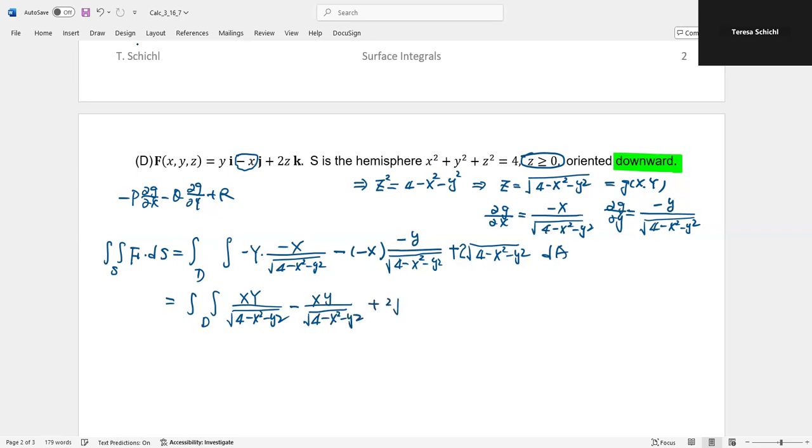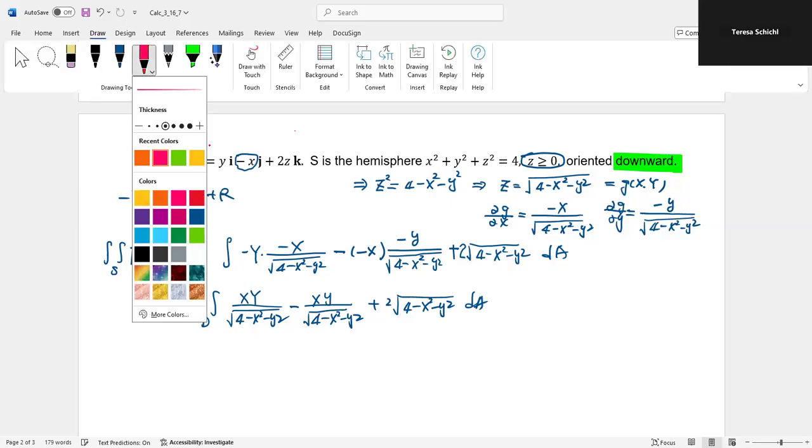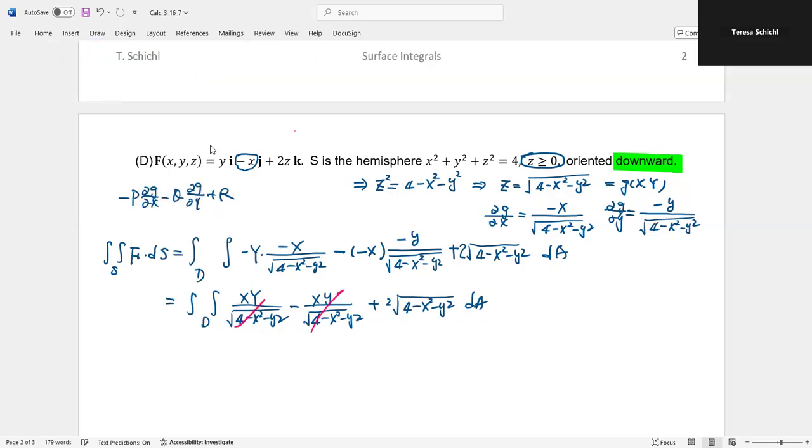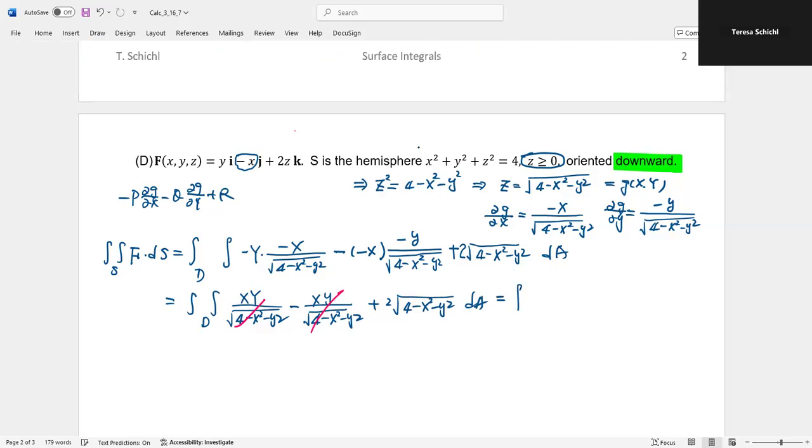Then plus 2 times 4 minus x squared minus y squared dA. All right, this is a positive, negative, so I can cancel out. After I cancel out, this is 2 times 4 minus x squared minus y squared dA.